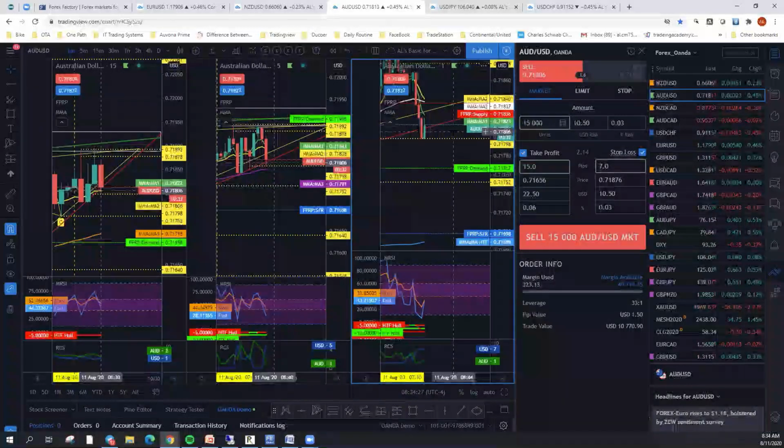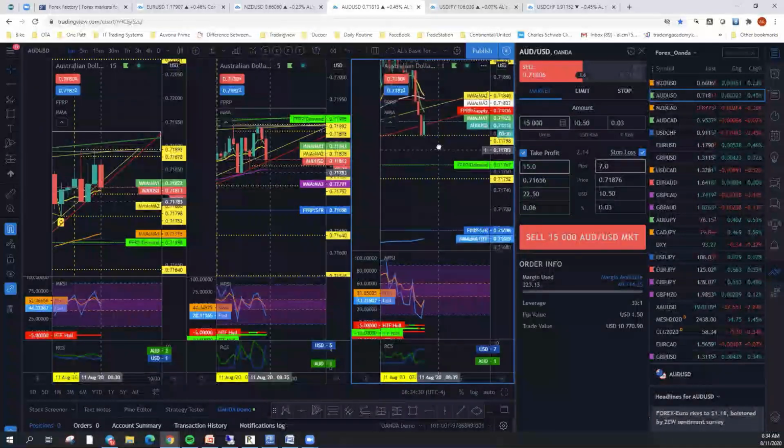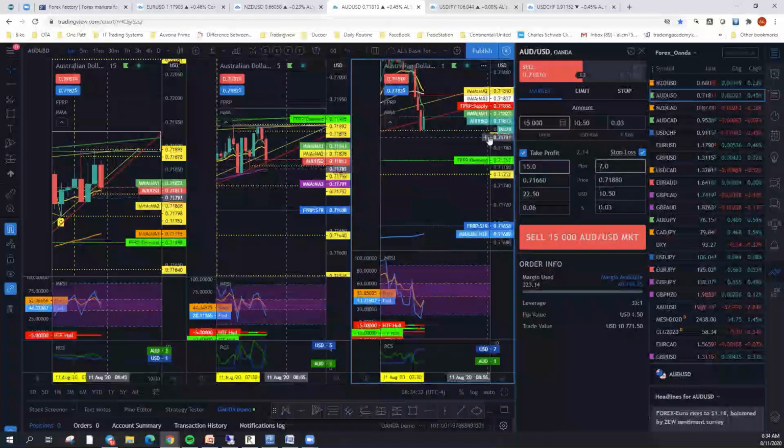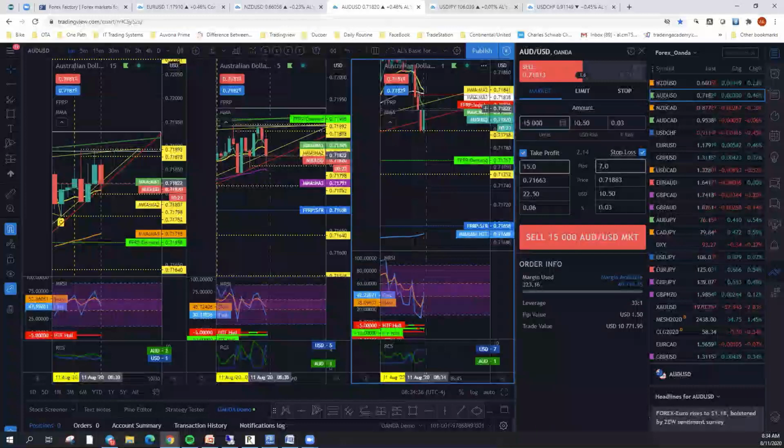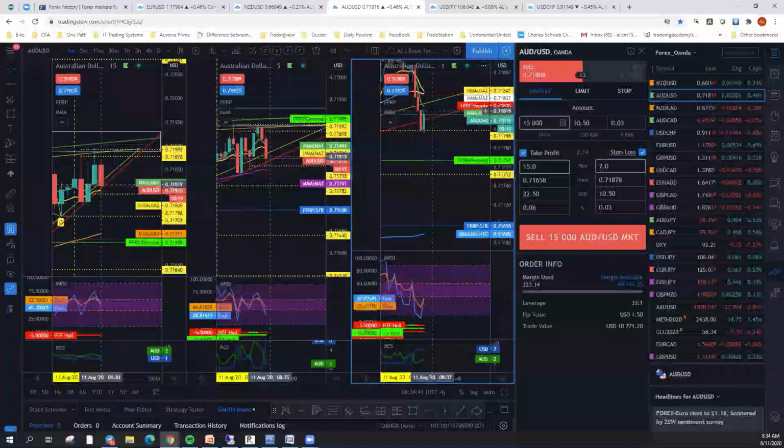You don't want to take a short trade with a blue candle. You want to wait for that candle to turn red. If this thing closes, and the next candle opens up to the downside, that'll be your red candle.